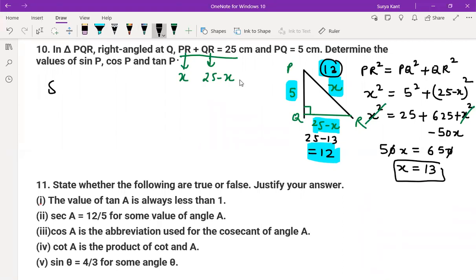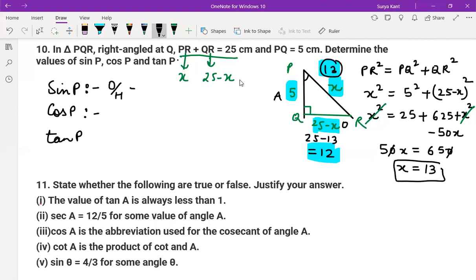Now sin P, cos P and tan P. Any small children also can find it if they know the formula, right? Sin P is nothing but O by H. If you are talking about P, P is an acute angle, so this becomes O and this becomes A. And this is H forever.